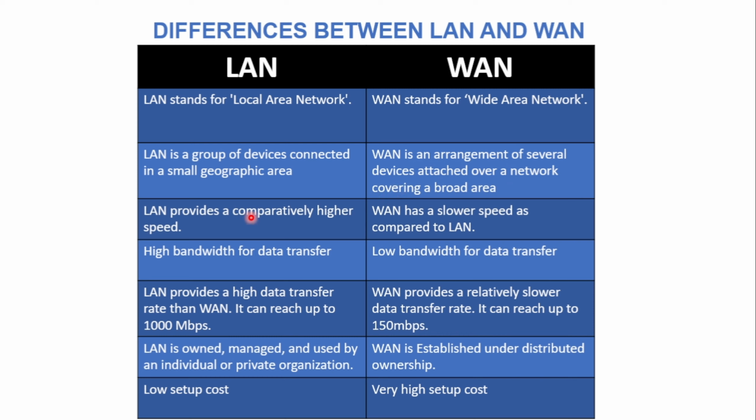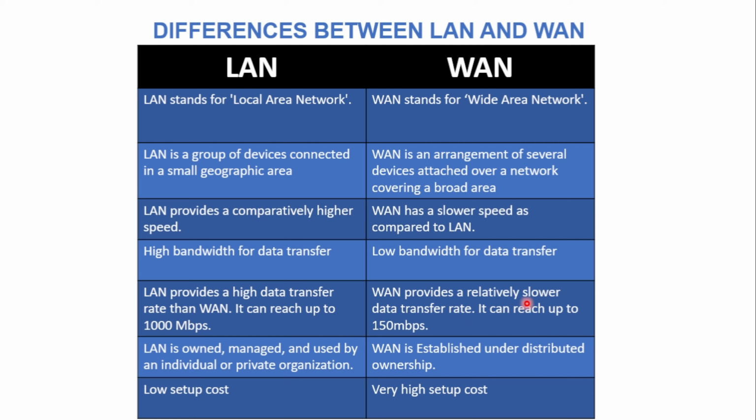LAN provides a comparatively high-speed network. WAN has a slower speed as compared to a LAN. In a LAN network, we have a high bandwidth for data transfer, while in WAN, we have a low bandwidth for data transfer. LAN provides a higher data transfer rate than WAN.